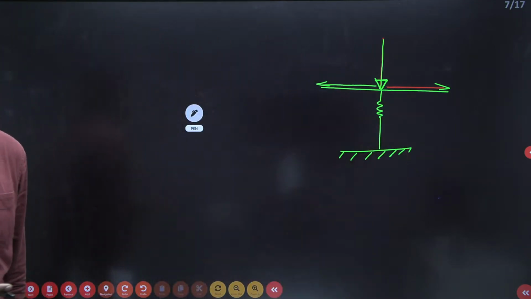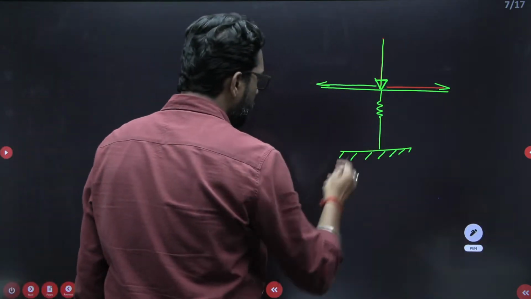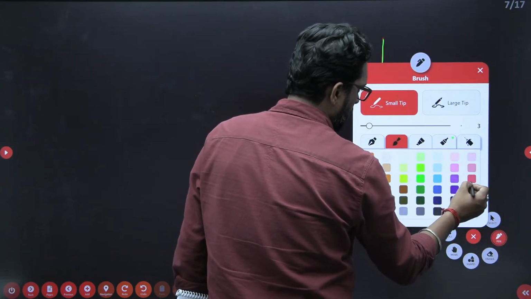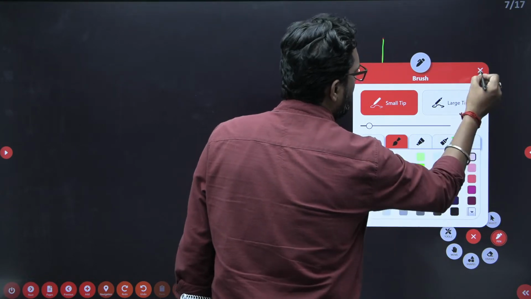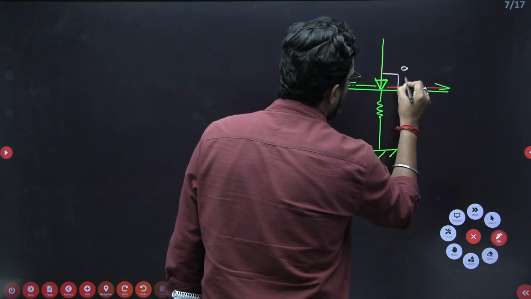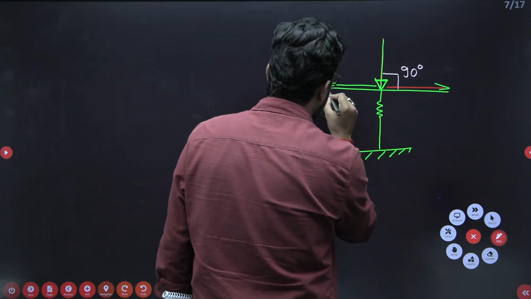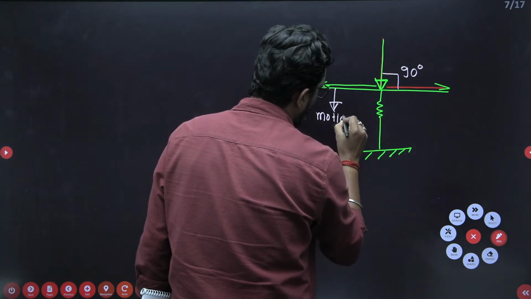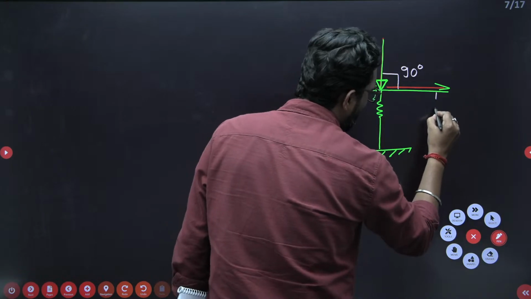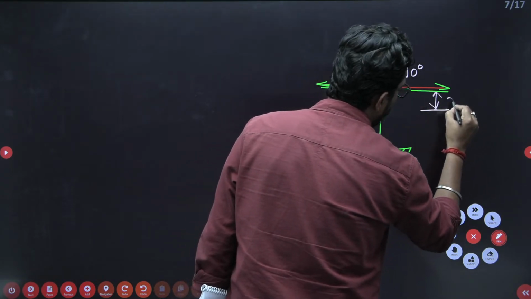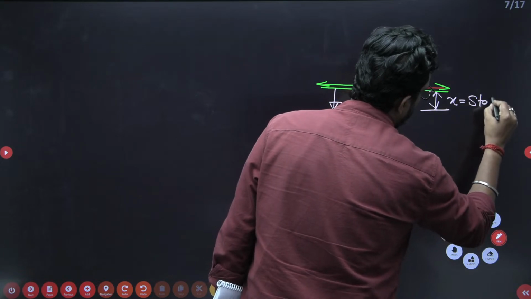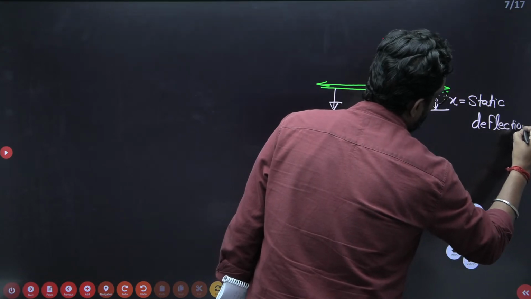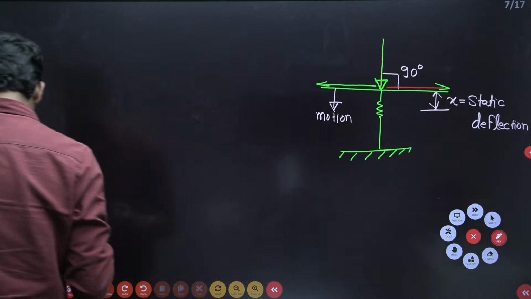That is the model of this question. The jet strikes at 90 degrees, normal to the plate, so the plate must move in this direction. Due to the motion there is a deflection, X, the static deflection.